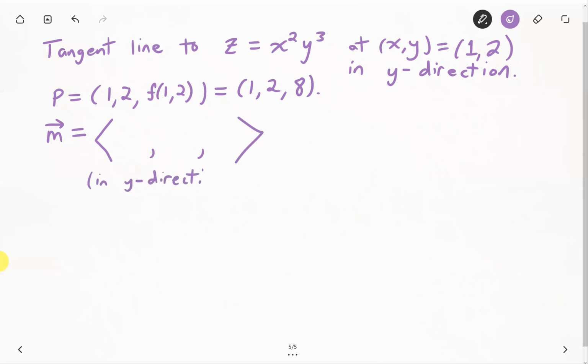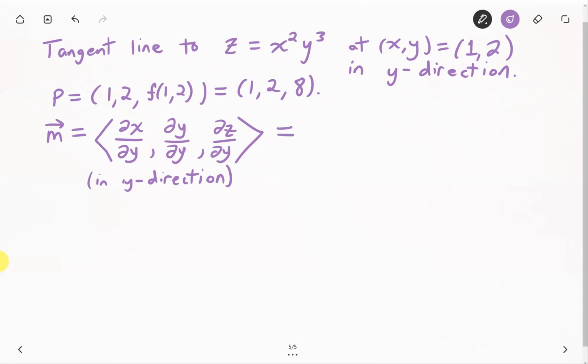It's information we need to have before we start to solve this problem. Again, we're looking for change in x, change in y, and change in z, but this time as y is changing.